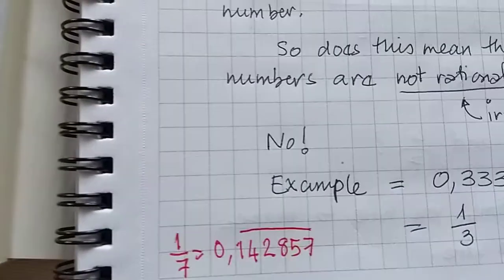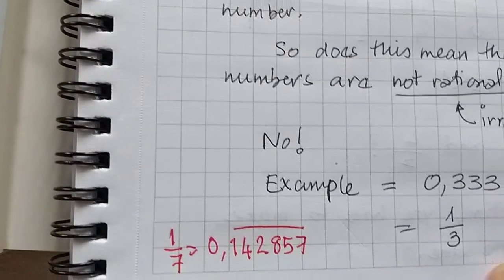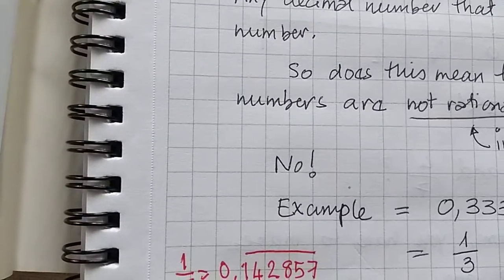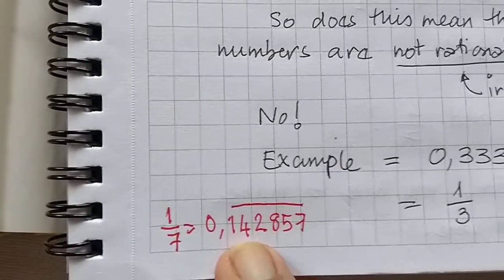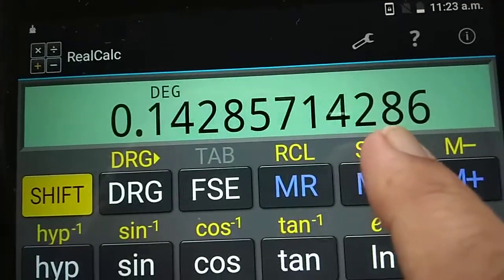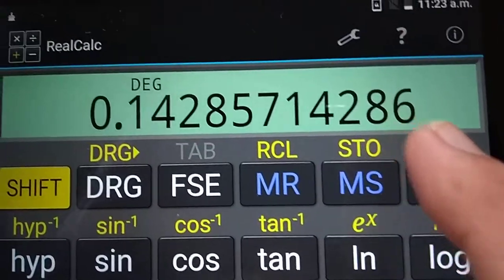So this number also doesn't stop, it goes on and on, but it is a rational number because these digits repeat. 142857, 142857, that 57 has been rounded up to 6 here.